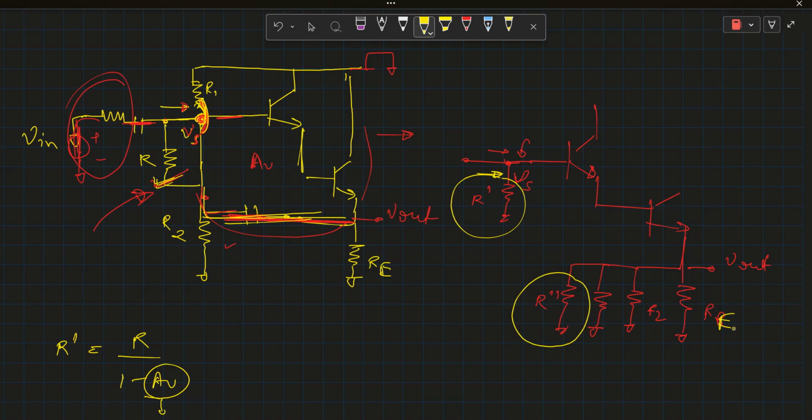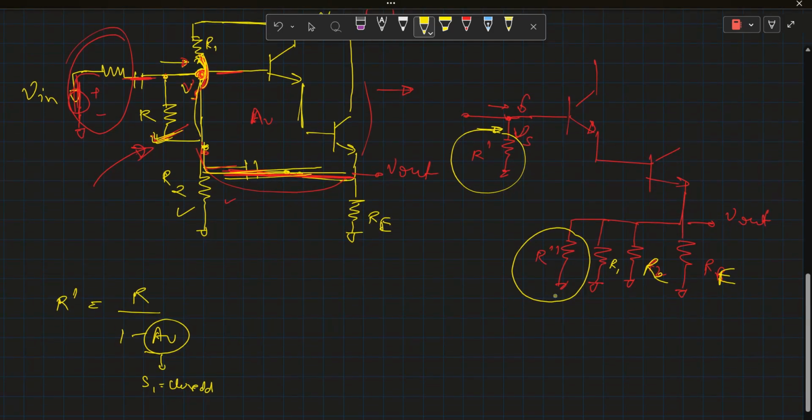This is RE, this is R2, and this terminal is AC ground, so one terminal of R1 is connected to the ground and the other to R2, so R1 is parallel to R2 here, and there is one output impedance which comes from the decomposition of this original R by Miller's theorem.